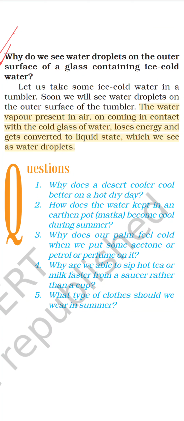Soon we will see water droplets on the outer surface of the tumbler. The water vapor present in air, on coming in contact with the cold glass of water, loses energy and gets converted to liquid state, which we see as water droplets.